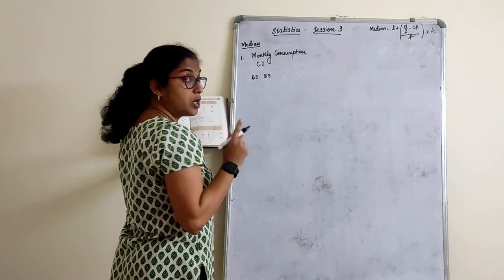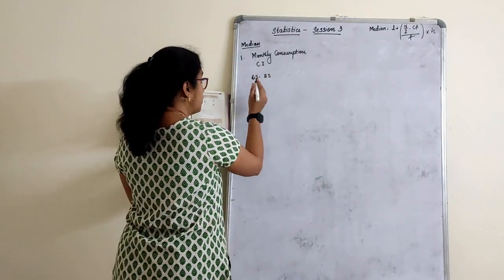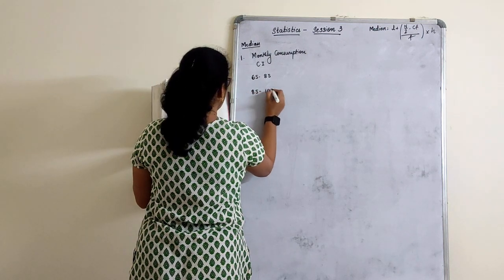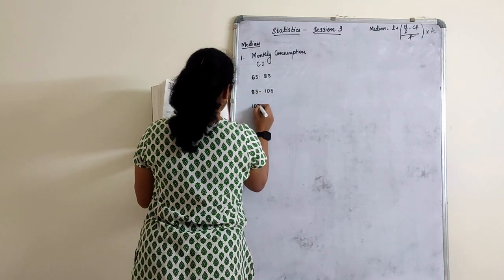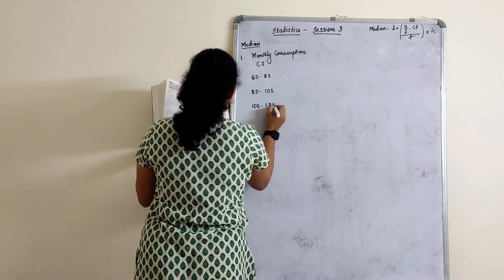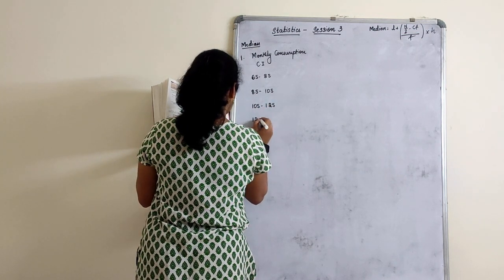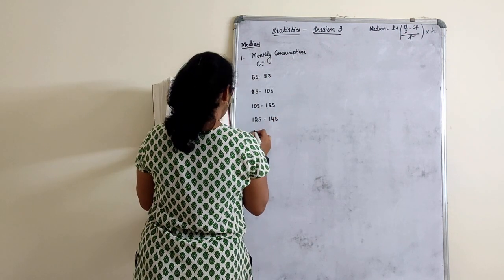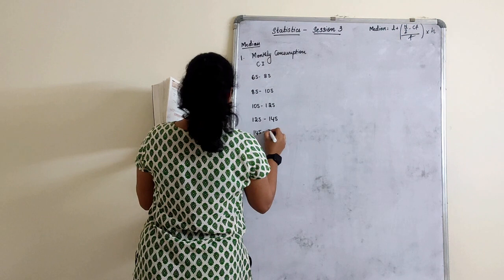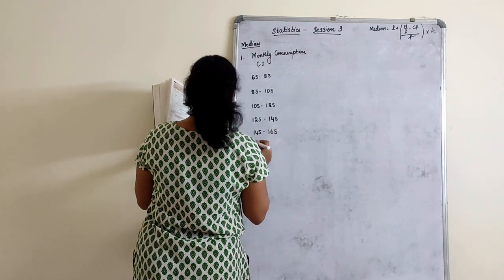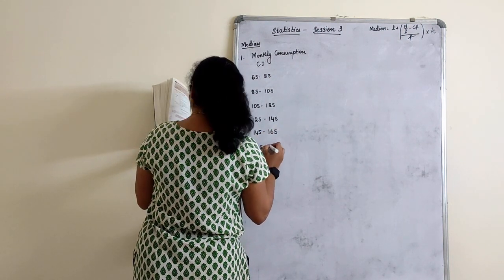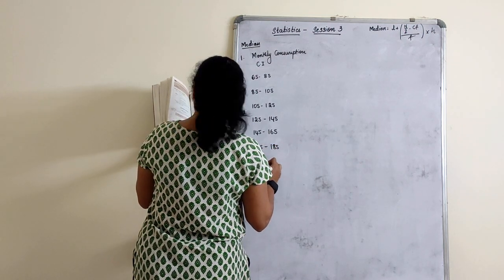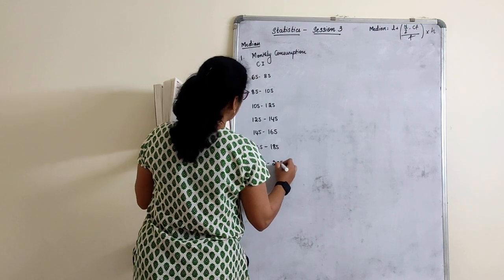Again the class size will not vary here because h is required in the formula. 85 to 105, 105 to 125, 125 to 145, 145 to 165, 165 to 185 and 185 to 205.